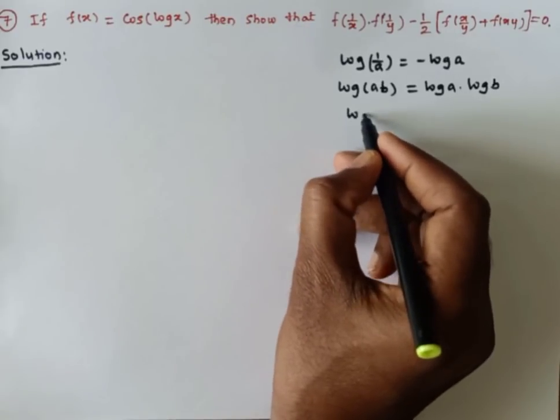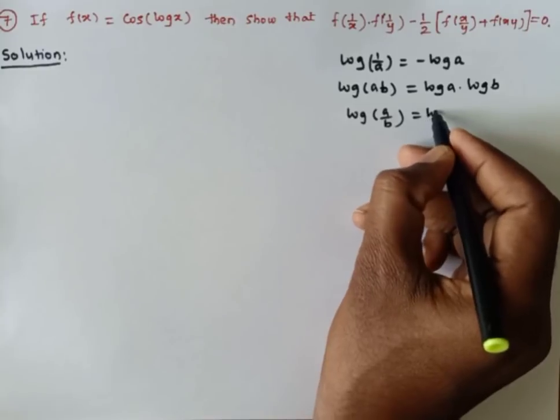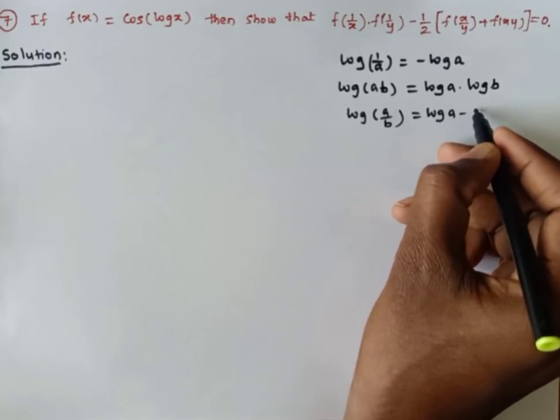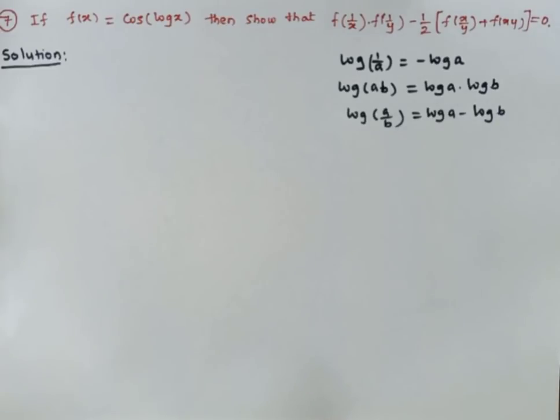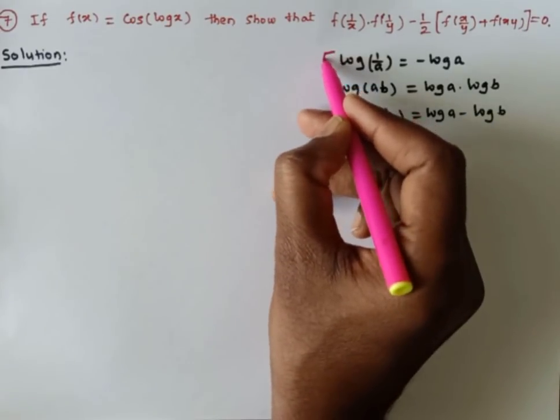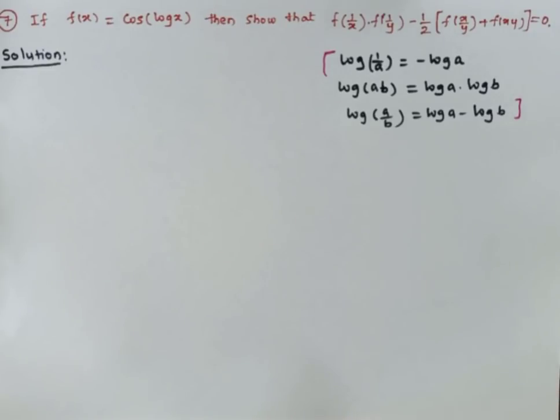If it is log of a divided by b, we can write it as log a minus log b. These are the things you need to know to show this part is 0.